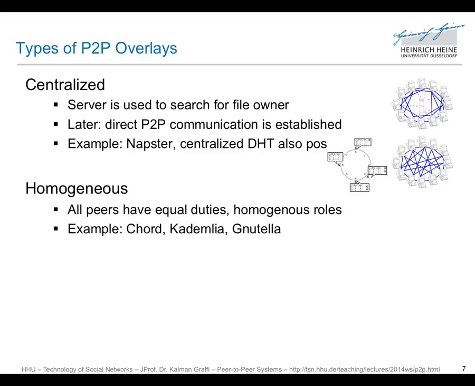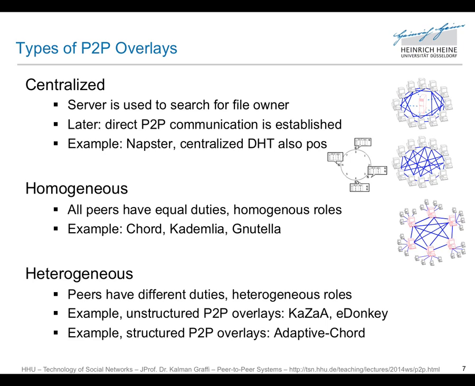Then we have the type of peer-to-peer overlays where all of the nodes have the same duties, so there are no different roles, all of them have the same code, and they run exactly the same protocols. In contrast to this, we have the heterogeneous peers, where the important part is they have different roles. So we might have 2 or 3 or 4 different kinds of roles for the peers.